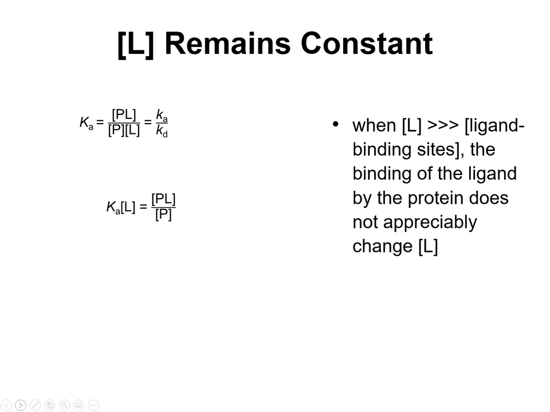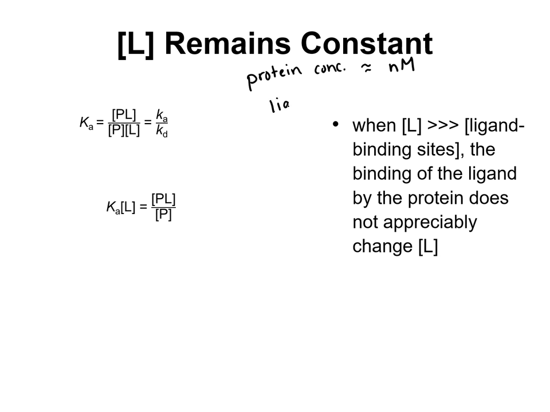If you're setting up an experiment where you want to determine some of these different binding constants, if you have a ligand concentration that's really, really big in comparison to your protein concentration, so say for your protein concentration, you're somewhere in the nanomolar range, okay?